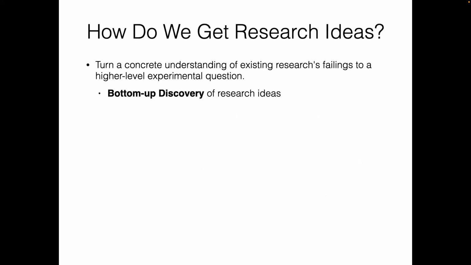And so if you think about where to get research ideas, another useful contrast that you could think about is bottom up or top down. So bottom up, one way to do it is you look at existing research and then you see where it fails.